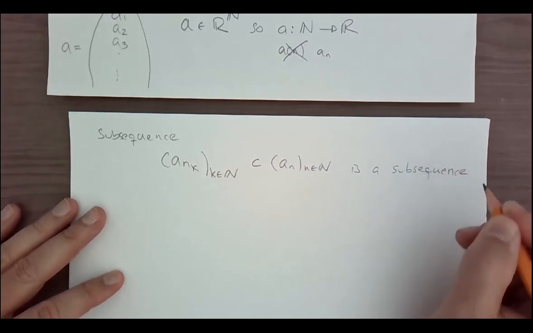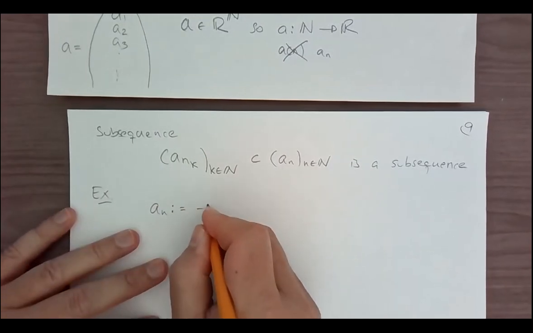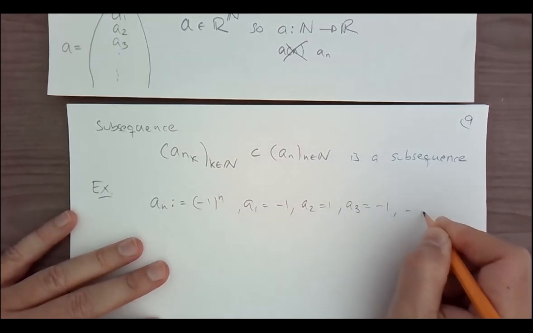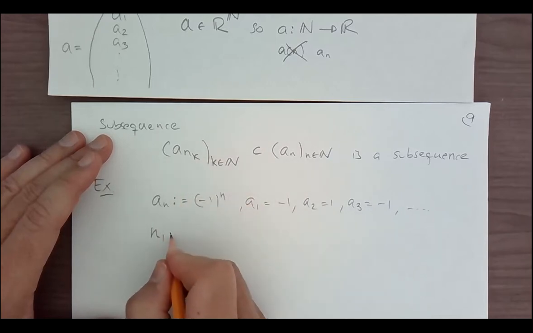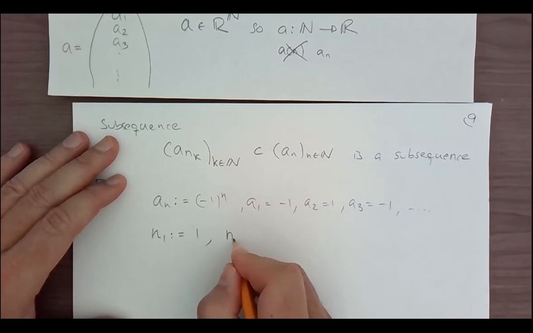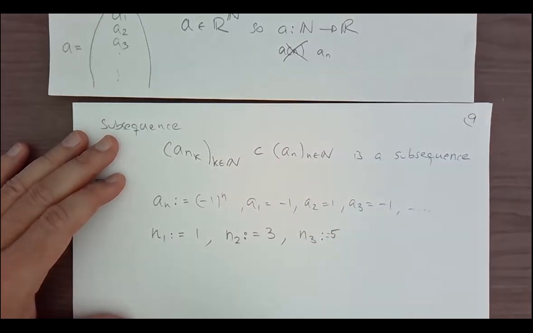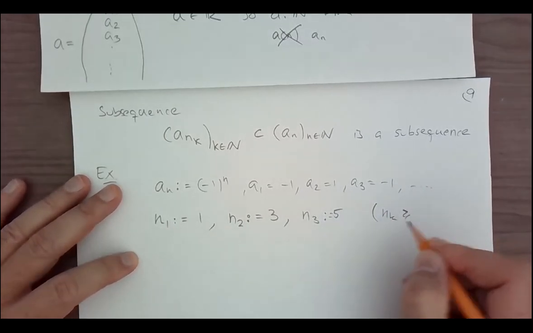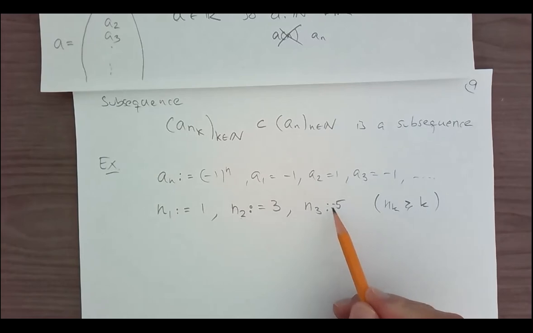Let's do the example we had. I think we had that one already in class. If I looked at the original sequence being (-1)^n, so A1 would be -1, A2 would be 1, A3 would be -1, and so on. Then I could say that n1 is the first one, n2 will be the third one, n3 would be the fifth one. We note here that n_k is bigger than or equal to k: 3 is bigger than 2, 5 is bigger than 3, and so on.